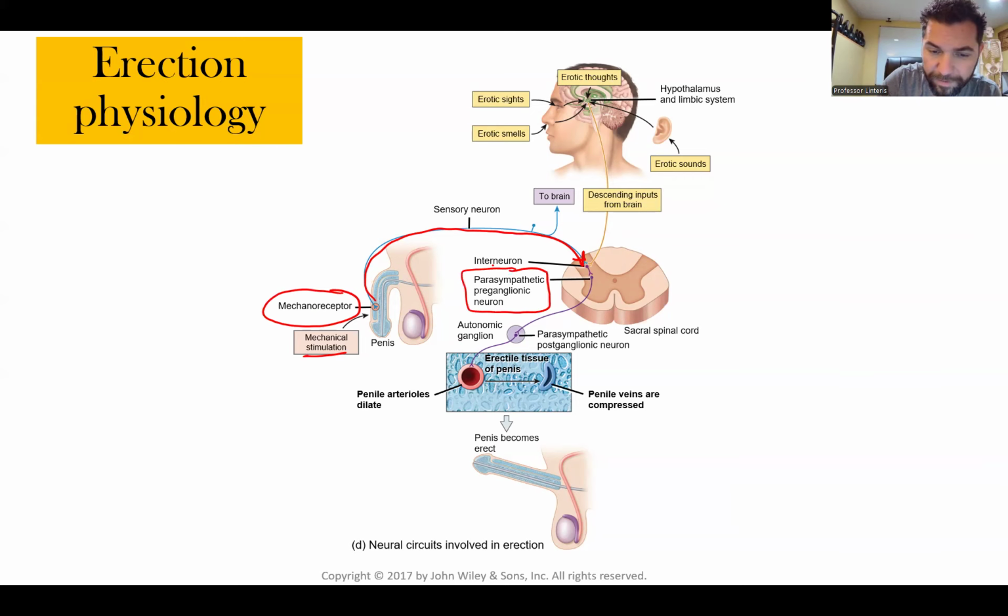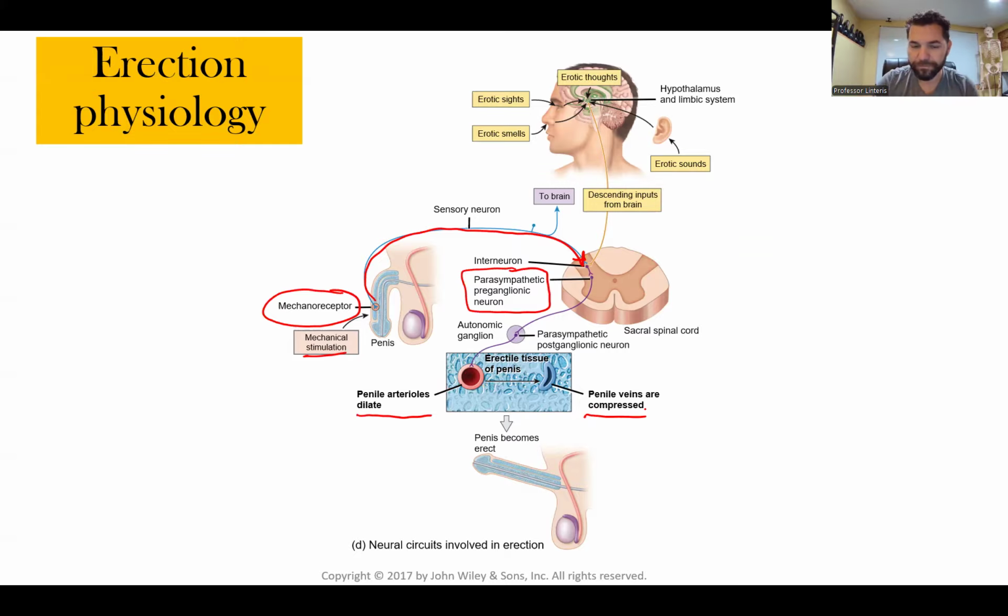If you recall when we talked about that a bunch, you have the pre- and the postganglionic neurons. But this will cause arterial dilation. Blood vessels dilate, blood flow increases. Not only does it increase, we have compression of the veins, so it stays there. So what you have is those arteries in the corpus cavernosum engorged with blood flow, leading to the erection.